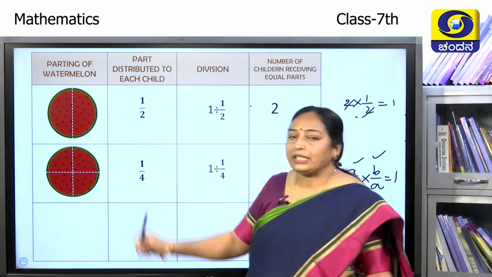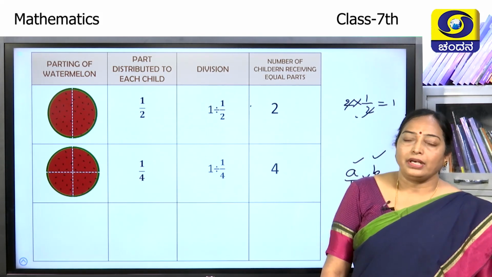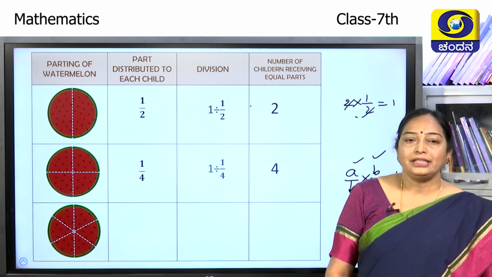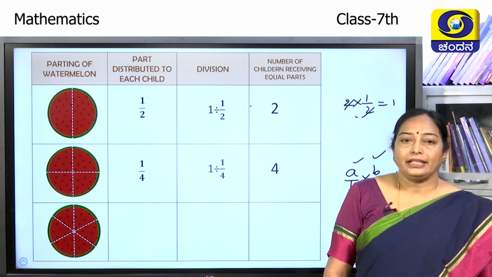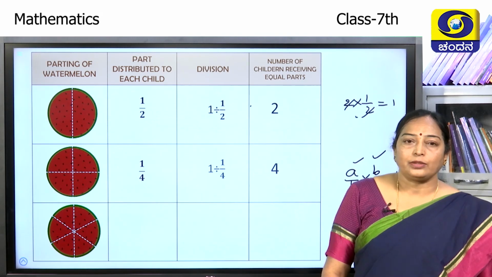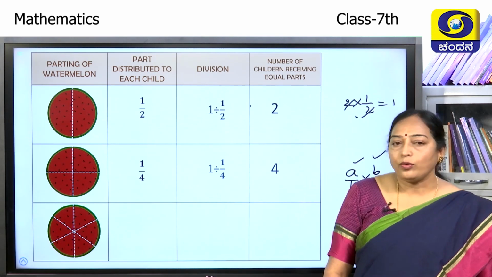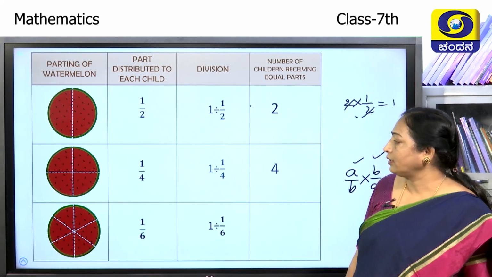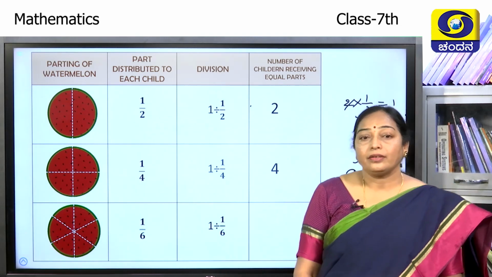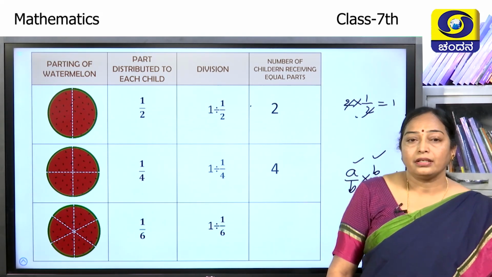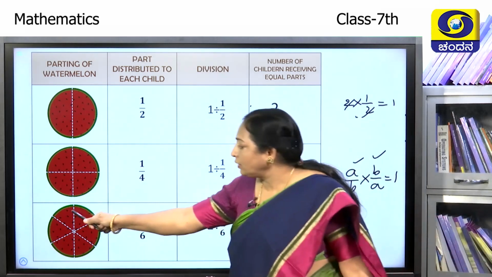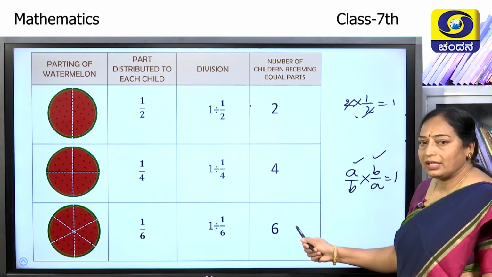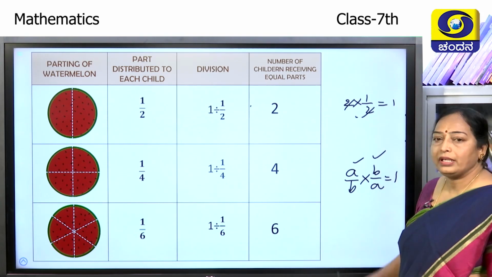Therefore, 4 children will get quarter parts equally. If the watermelon is divided into 1/6 parts, we divide the whole watermelon by 1/6. How many children will get a 1/6 part equally? 1, 2, 3, 4, 5, 6. 6 children will get a 1/6 part equally.